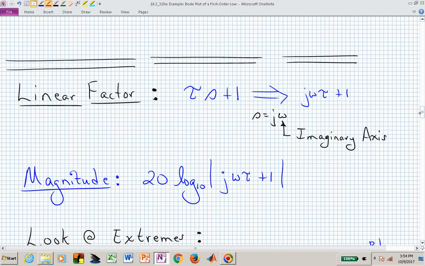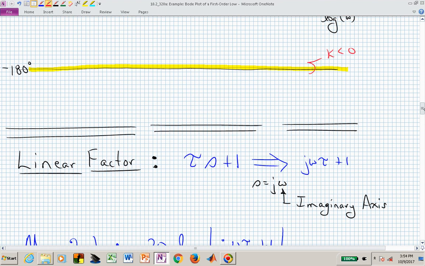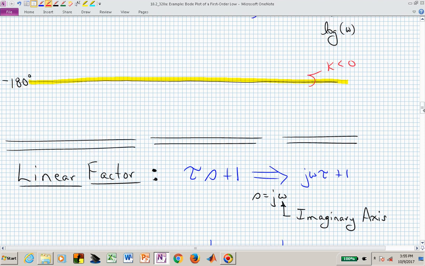Let's now look at the linear factor. The linear factor is now tau s plus 1. This is now, in our case, going to be in the denominator, but for starters, let's just look at tau s plus 1 so that this can be generalized to a numerator linear factor or a linear denominator factor. For now, let's just look at tau s plus 1.